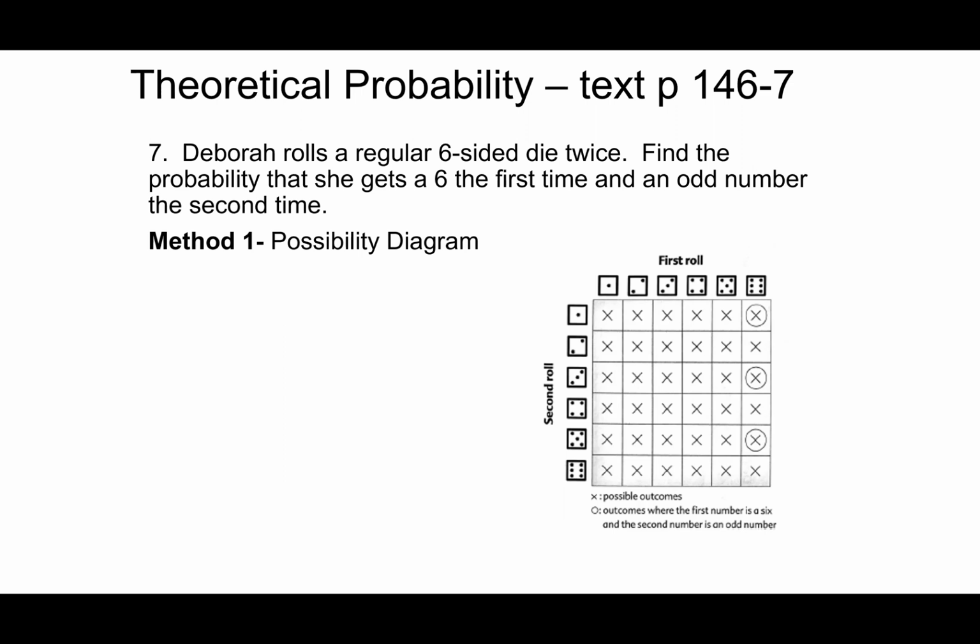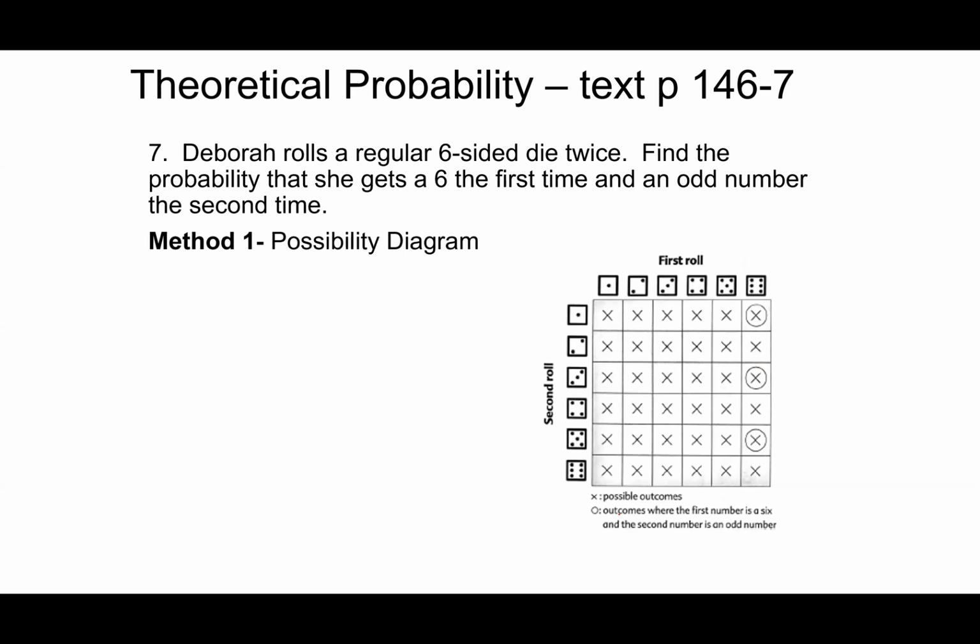All right, so the first method that we have is the possibility diagram. Since we have 6 possibilities on the first row and 6 possibilities on the second row, we should have a chart that's 6 by 6. How many possible outcomes, Elin? 36, good, 6 times 6, okay?